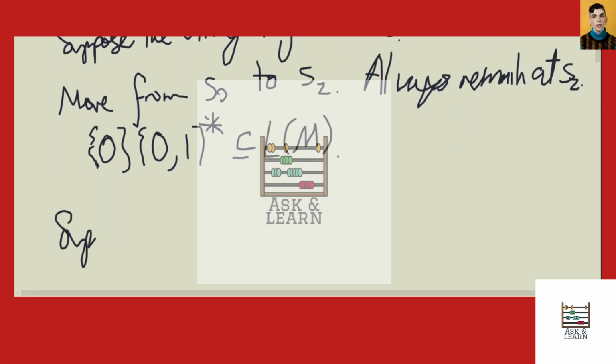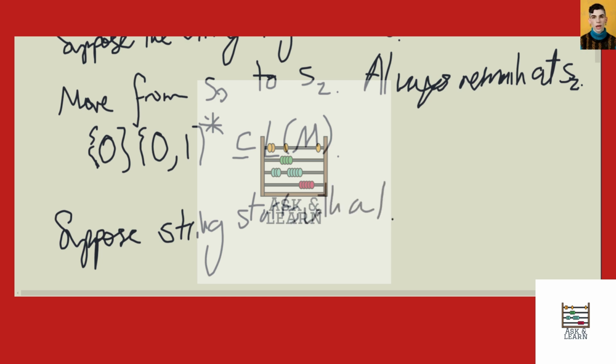Now, let's suppose that the string starts with a 1. Then, according to our rules, we're going to move from state S0 to S1. And we see that we only move from state S1 to the final state S2 if the string has a second bit.